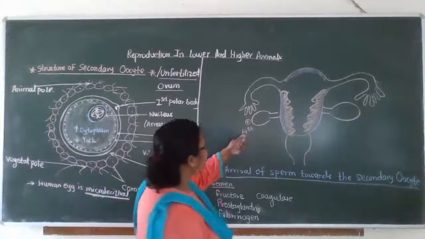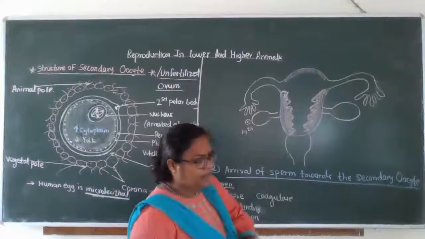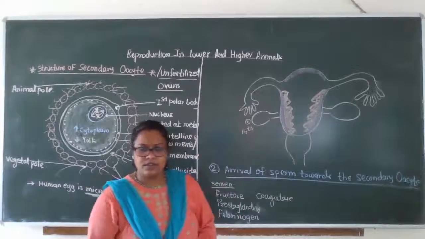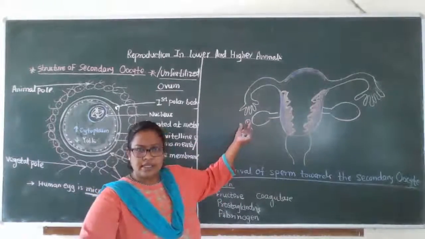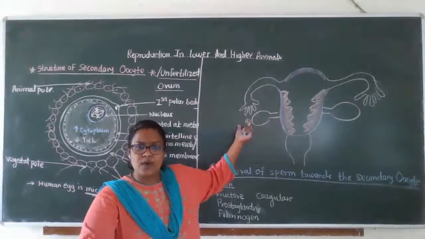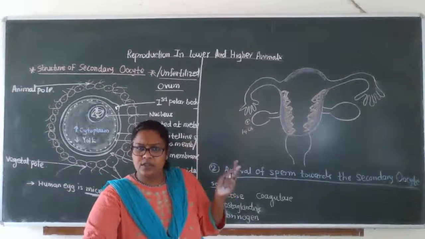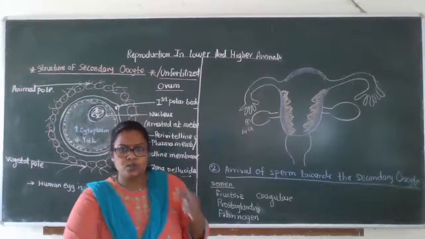On the 14th day the female is ovulating, and the same day the intercourse happens. The secondary oocyte remains viable only 2 days, able to fertilize within 2 days.